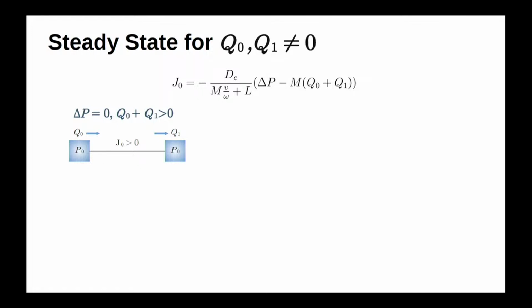So what happens at one reservoir, say Q1 plus Q0 is greater than 0, let us assume. From this reservoir you push some particles into the system, and here also you pull some particles in the same direction if both are positive. So in the middle some current is induced. Apparently, this is like some kind of external drive, as if the magnetization at the boundary is acting like an external drive.